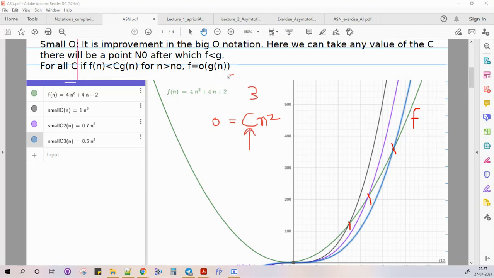Your f is greater than g, right? And then you can't define f as small o, because your f should be smaller than g. G should be the upper bound, right? That's why we can't take n square, right? Because it is not true for all values of c. F less than g is not true for all values of c, correct? That's why we need to take a polynomial greater than n square, n cube or n to the power 4 or anything. Okay.